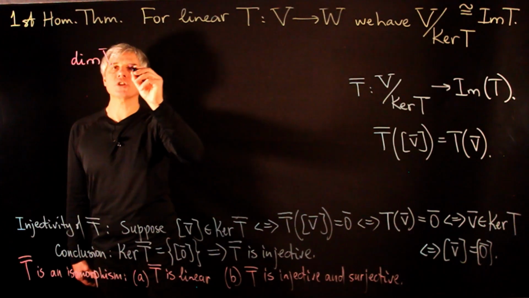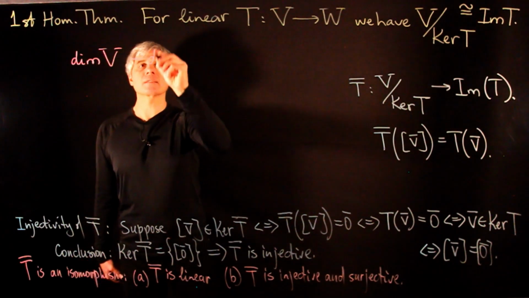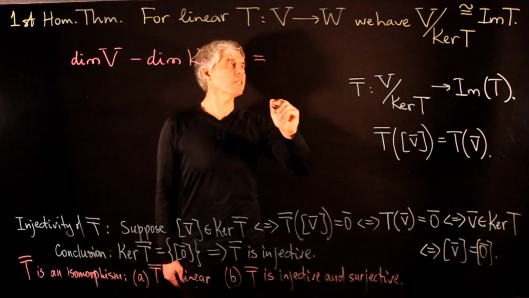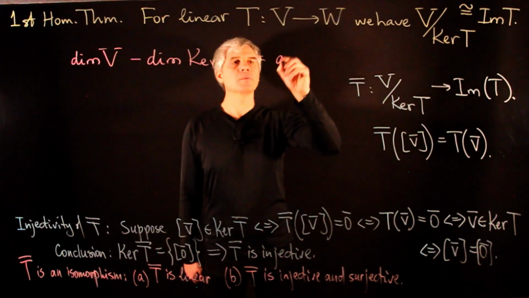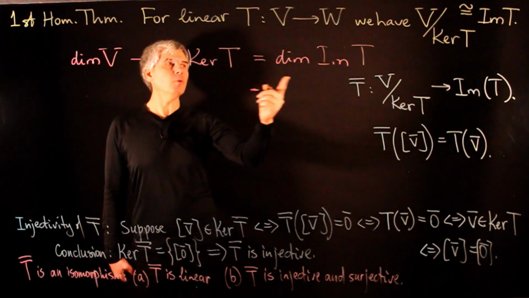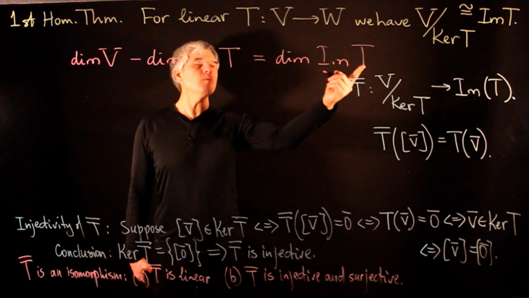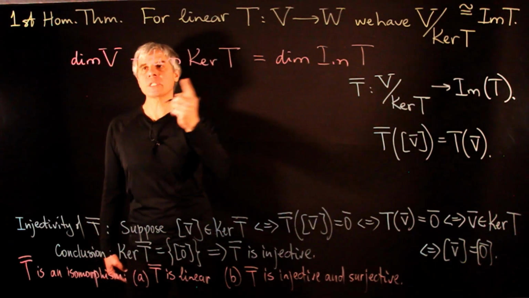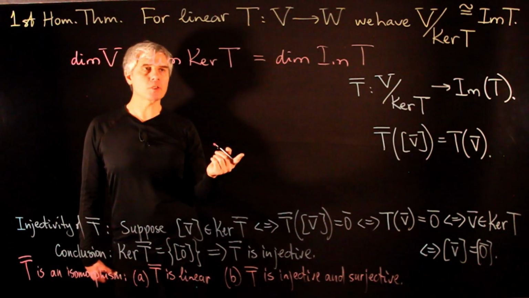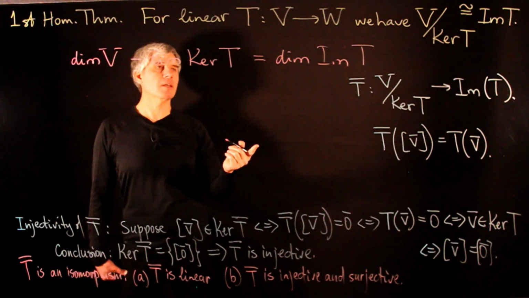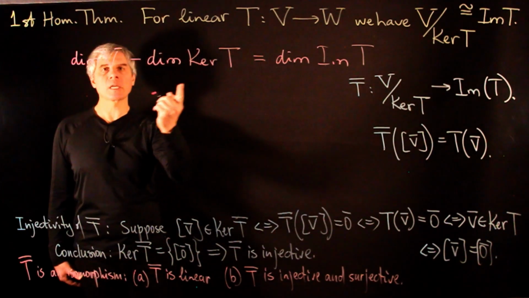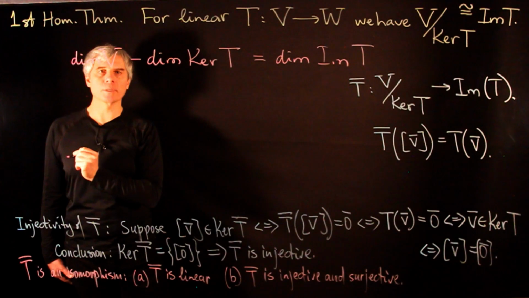So on the left, the dimension is dim V minus the dimension of the kernel of T. And on the right-hand side, this is equal to the dimension of the image of T. And this is the formula that says that the dimension of the image of T plus the dimension of the kernel of T is equal to the dimension of the domain. Or in the language of matrices, this says that the rank of a matrix plus the nullity of the matrix is equal to its number of columns.